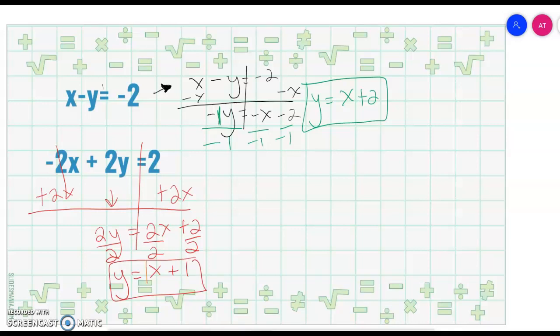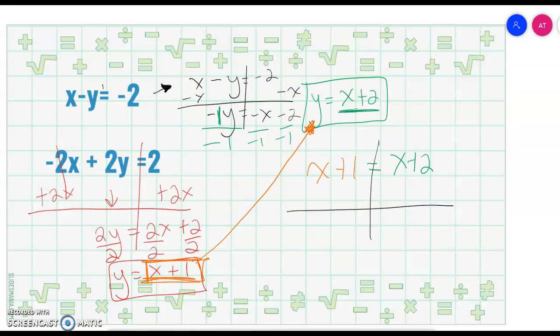So what you're going to do is take this x plus 1, plug it into y here. So you have x plus 1 equals x plus 2. Now I can combine my x's to one side because we always want to see all the x's on one side and all the constants on the other side.